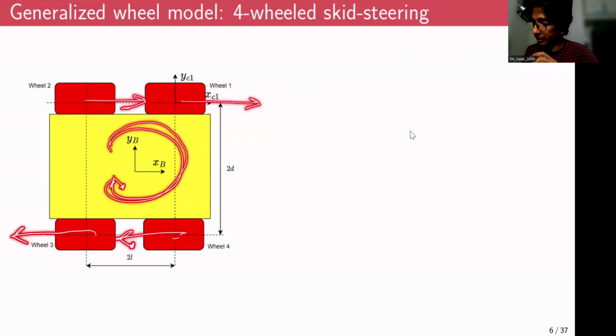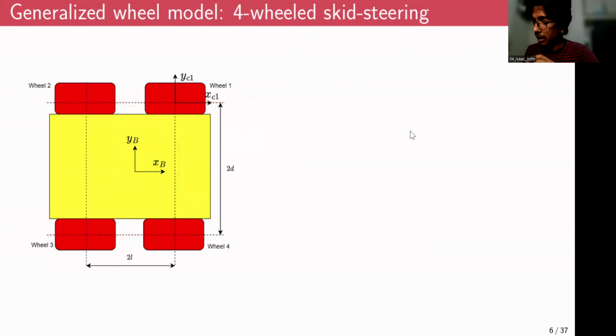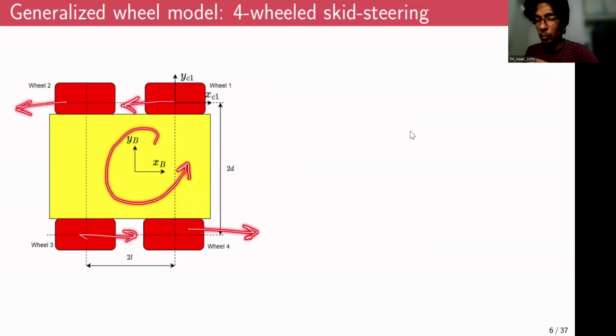It would just execute a rotation like this. And similarly, if you invert the direction, just like what we have seen earlier, it will again rotate about its vertical axis in the counterclockwise direction.